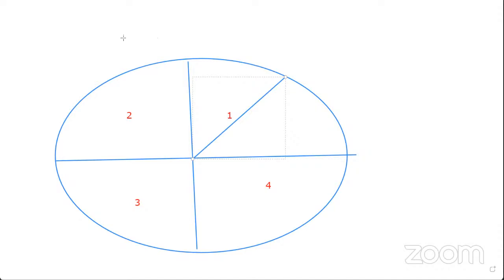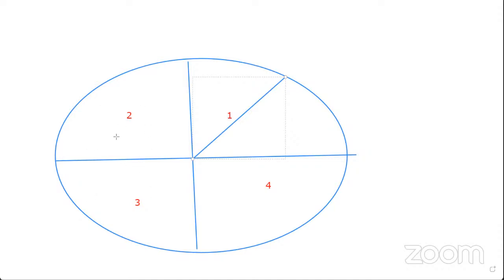After that, 450 plus 90 is 540, 540 plus 90 is 630, and 630 plus 90 is 720. If you want, you can go again. That will continue. We'll come back to these things again.